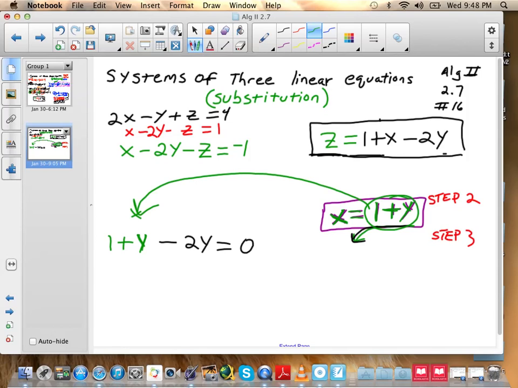Y is like negative 2y, correct? So y minus 2y gives me a negative y. And I have 1, so I'm going to put 1 here. So 1 minus y equals 0.